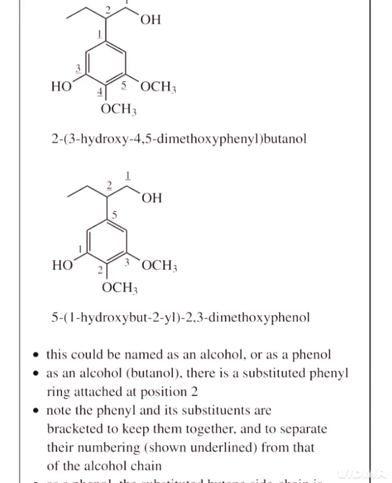The side chain is the benzene bound with other functional groups, which we will name later. So we name it 2, which means phenyl is at carbon 2. 3-hydroxy, which means OH, hydroxy, is at carbon 3 in the benzene ring.